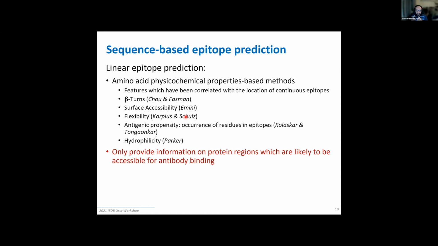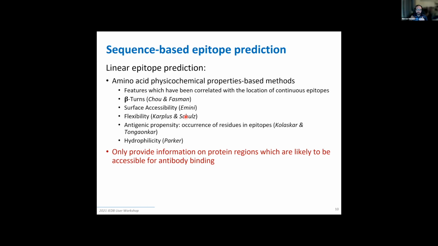So these methods try to predict the position of the amino acid inside the protein, whether it is on the surface or not. It needs to be on the surface to be predicted as an epitope. If not, it's predicted as a non-epitope.